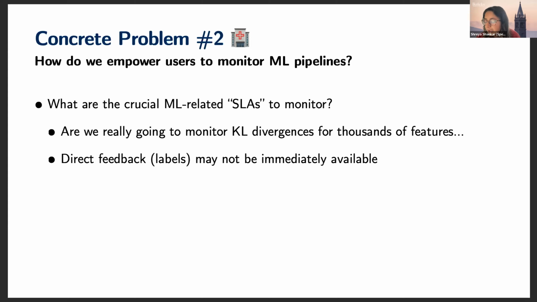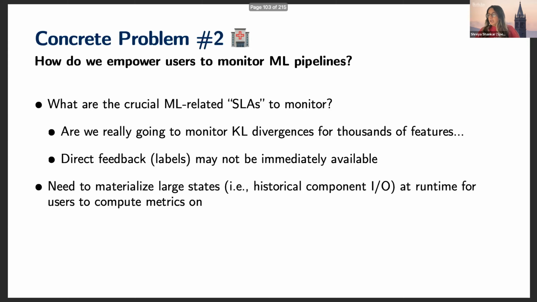I can dive into this later, but there's a large body of work in the approximate query processing literature on how to establish confidence intervals on your real-time ML performance, to get a sense of how badly, in the worst case, your pipeline is performing, even when you have these lag problems.